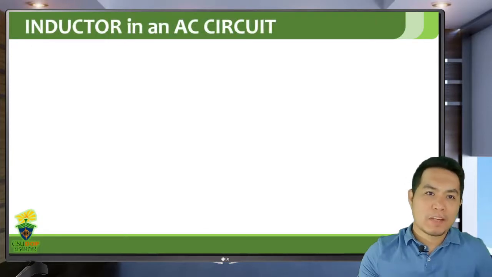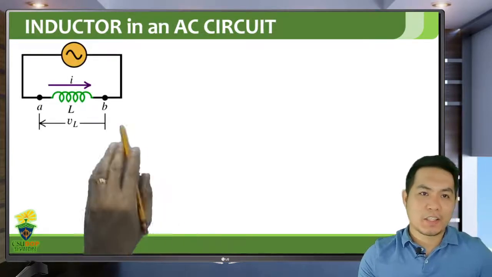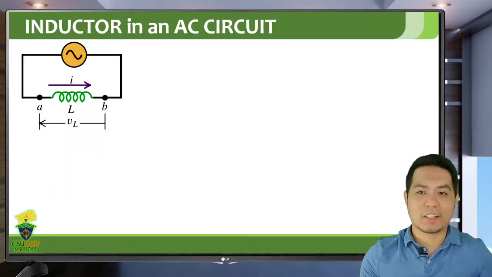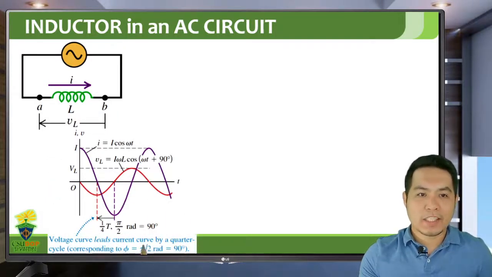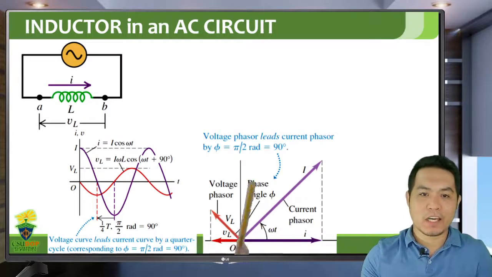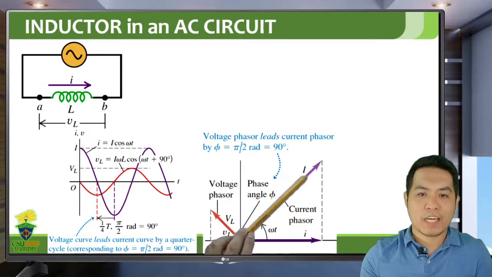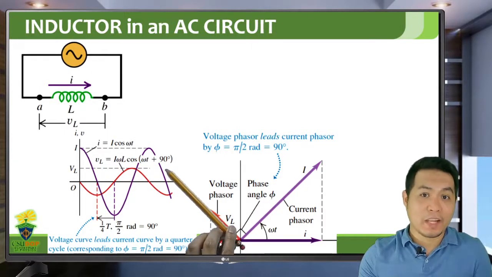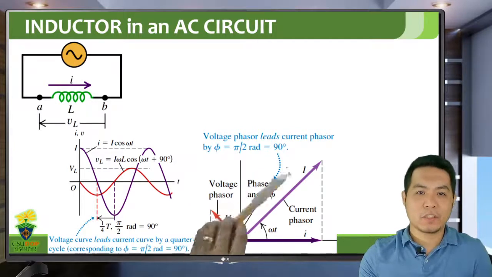Now, what if you have an inductor in an AC circuit? This is the symbol for an inductor, and L is the inductance. In this case, the voltage will lead the current by a quarter cycle, or by 90 degrees. If this is the current phasor, then the voltage is ahead by 90 degrees.